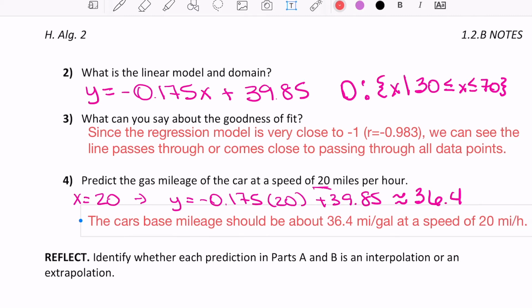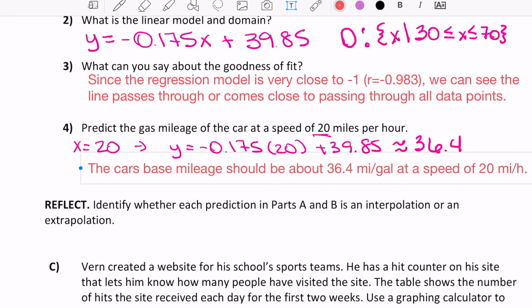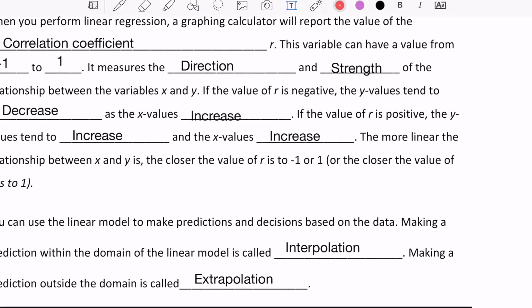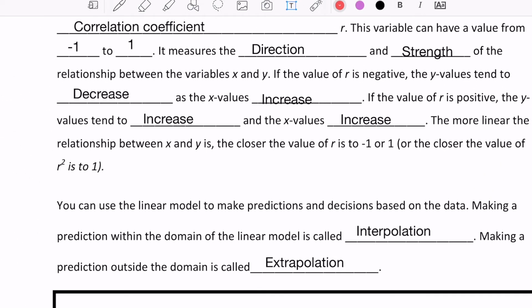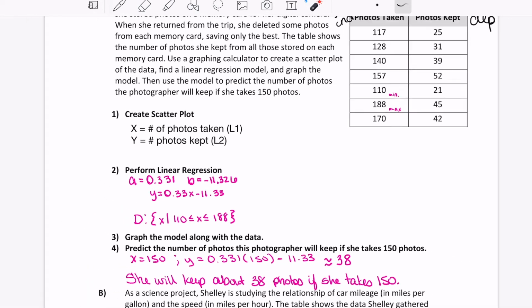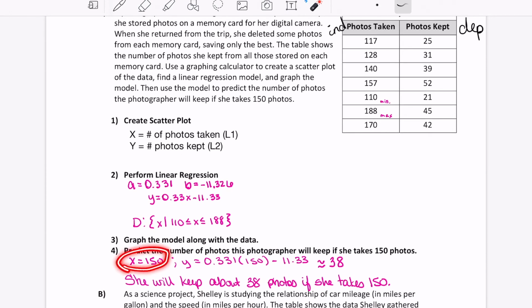Finally, the reflection question, I wanted us to look at the differences between interpolation and extrapolation. So remember, based on the definitions, interpolation is a prediction made within the domain. Extrapolation is a prediction made outside of the domain. Looking at example A, we made a prediction of 150.